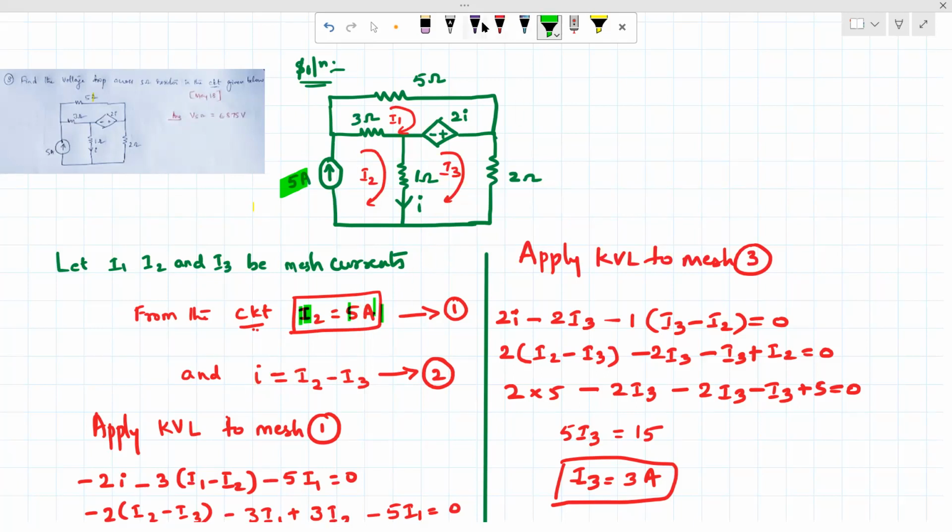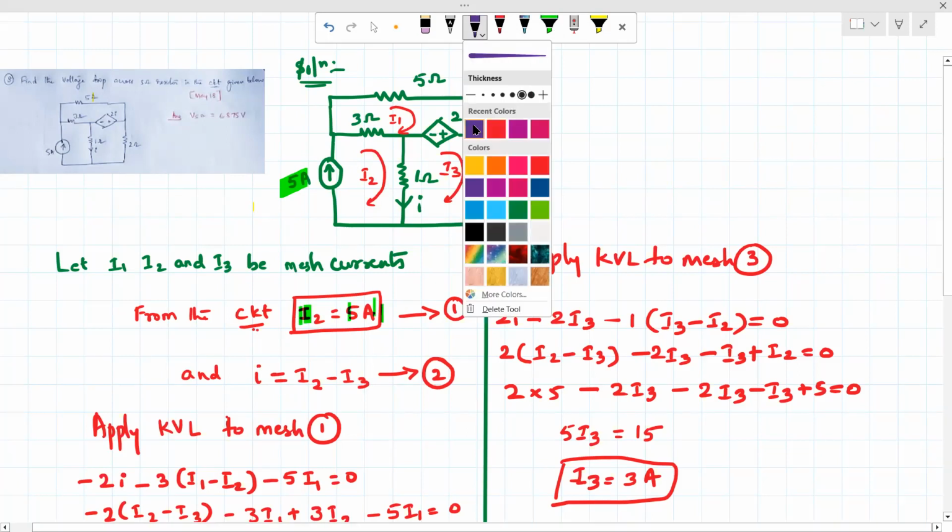Then I is equal to I2 minus I3. How do we get this?